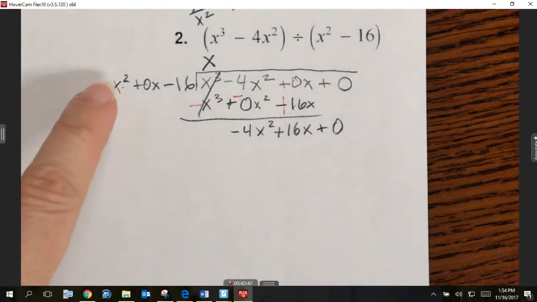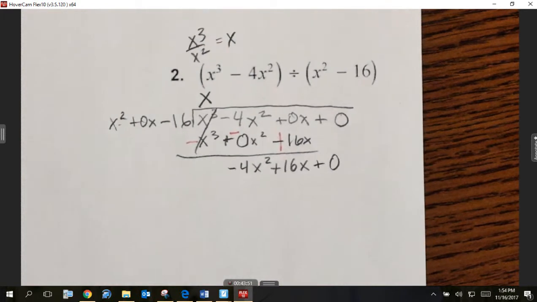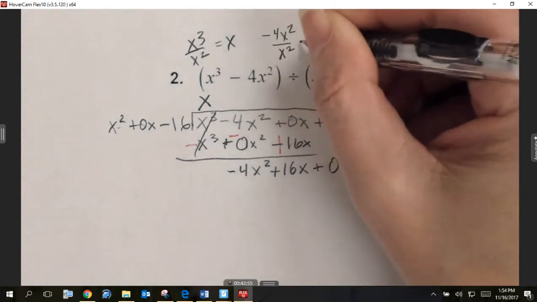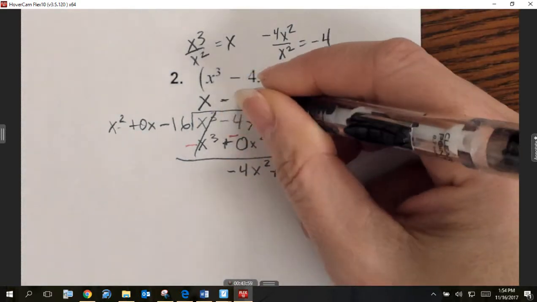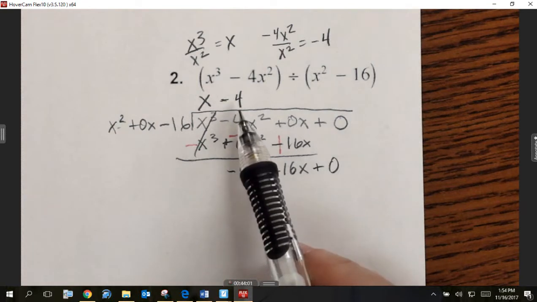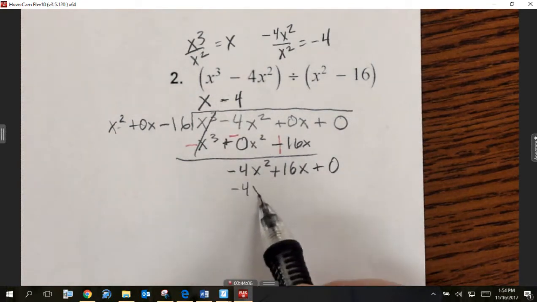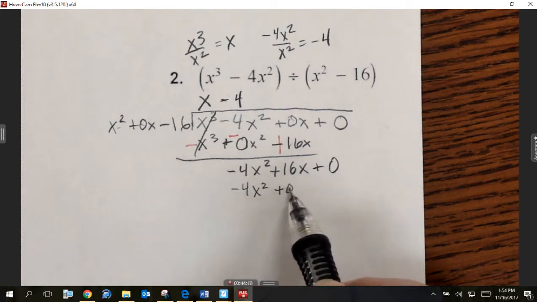Then I'm going to divide again. So x squared goes into negative 4x squared. Let me put that at the top. Negative 4x squared divided by x squared. What does that give me? A negative 4. So I have to put a minus 4 up here. So when I distribute, I'm distributing by a negative 4. And negative 4x squared, anything times 0 is still 0.